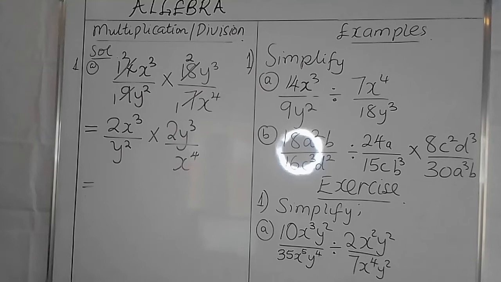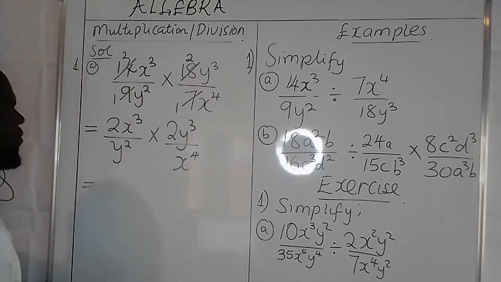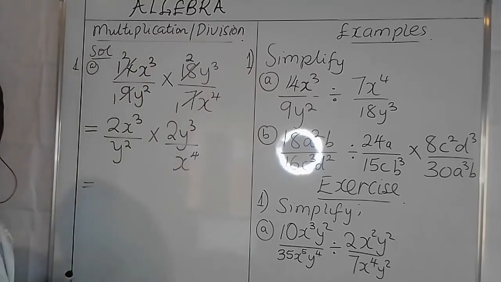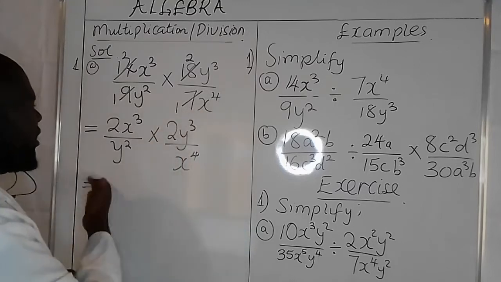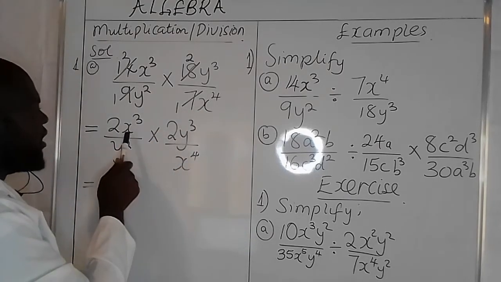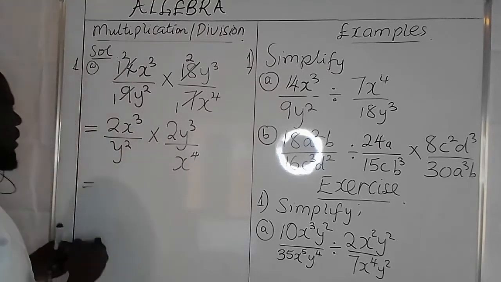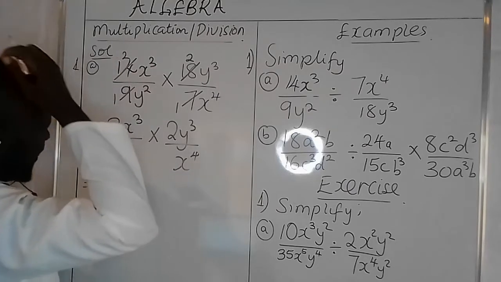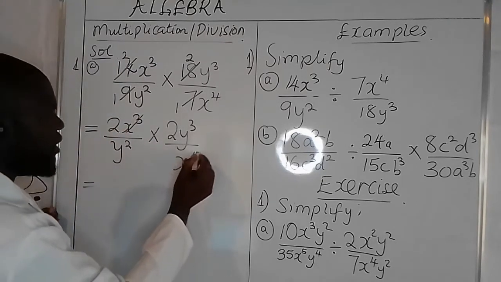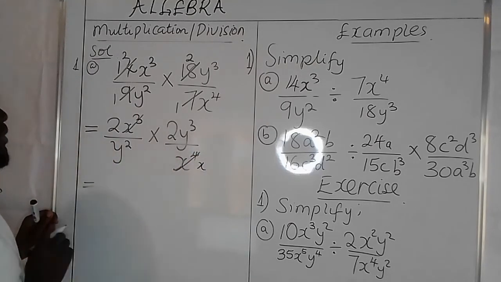Now you can see we also have common factors diagonally on the variables. Here we have x^4 and here we have x^3. So x^3 into x^4, we shall just remain with the x.